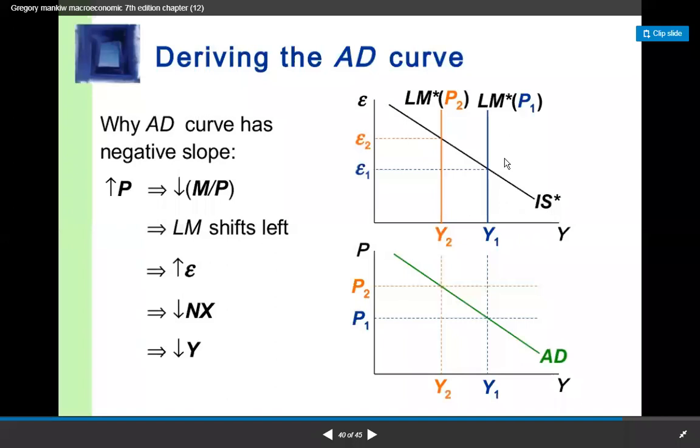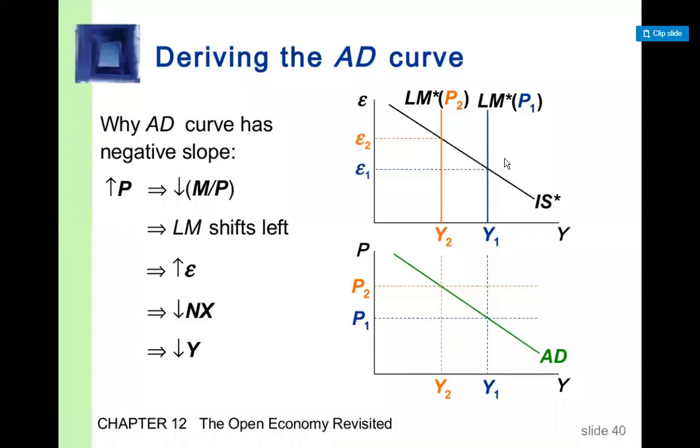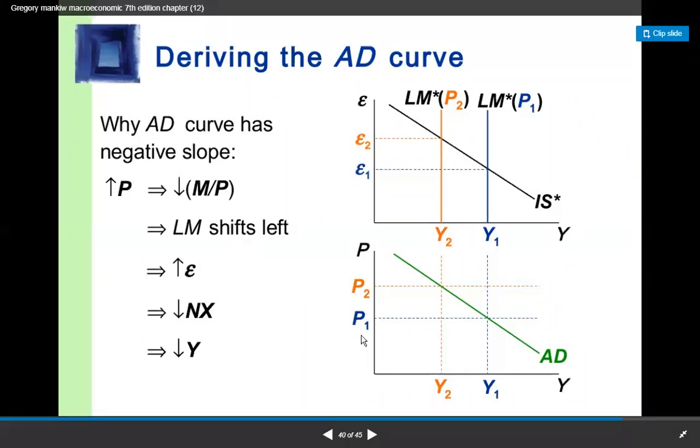Aggregate demand curve हमने कैसे derive किया? प्राइस को चेंज करने के साथ. जैसे ही प्राइस लेवल चेंज होता है, इम्पैक्ट क्या होता है? आपका इनकम लेवल कम हो जाता है, आपके एग्रीगेट डिमांड कम हो जाता है. As price level increases from blue color to orange color, income level decreases, aggregate demand decreases from blue color Y1 to orange color Y2. So this is the derivation of aggregate demand.